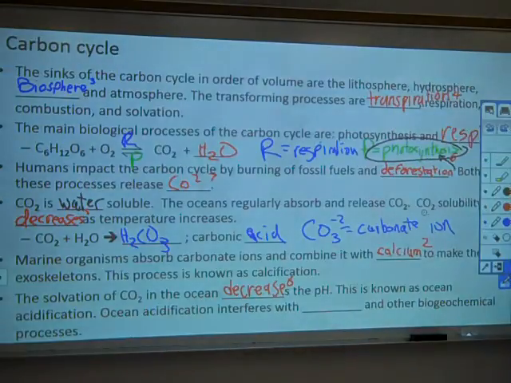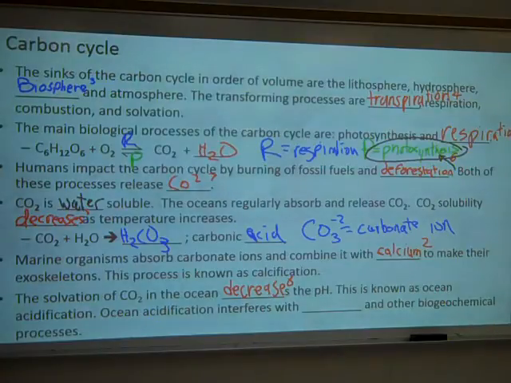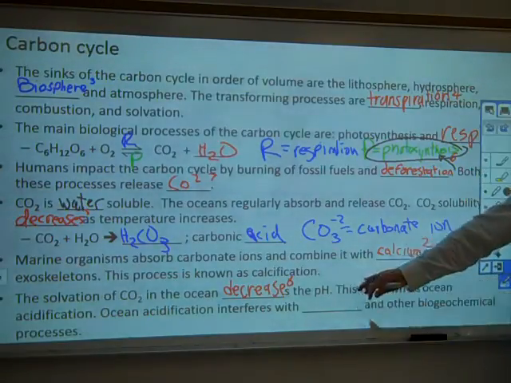Carbonate ion. And this is good for a lot of the creatures in the ocean that have shells, because they absorb that carbonate ion and combine it with calcium to make calcium carbonate.